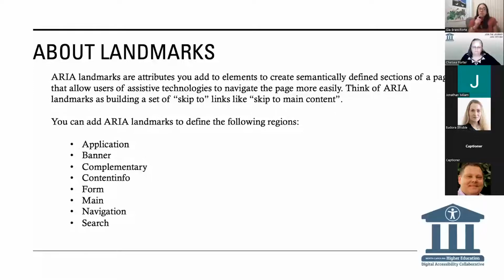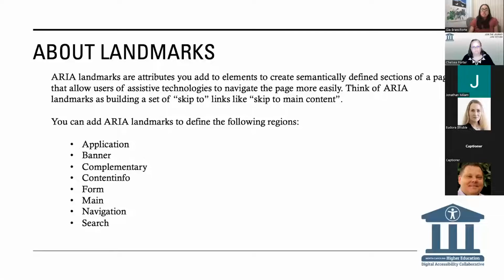These are all the regions that you can add ARIA landmarks to, and it defines specific regions. Application is usually used if there's a specific interactive application within a page. Banner is usually at the top. Complementary is usually important information that is not part of the top banner or inside of the main content.